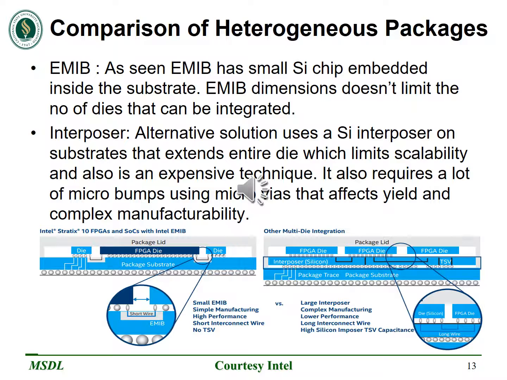Coming to the silicon interposer on substrate that extends the entire die, which limits scalability and also is an expensive technique. It also requires a lot of micro bumps using the micro vias that affect yield and complicate manufacturability. So we can clearly compare these two pictures and tell how the EMIB is cost effective compared to the silicon interposer.